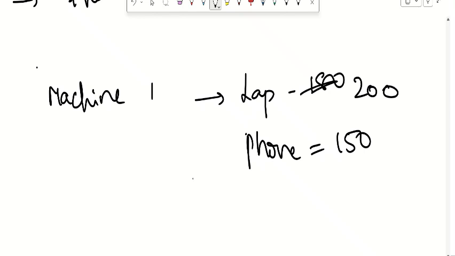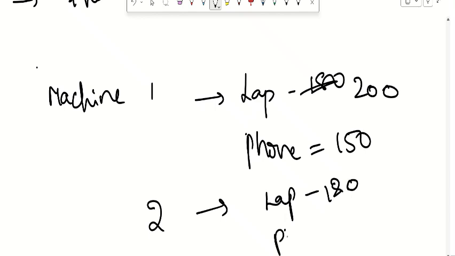On machine 2, laptop is equal to 180 and phone is equal to 250. Final result: 380 and 400.